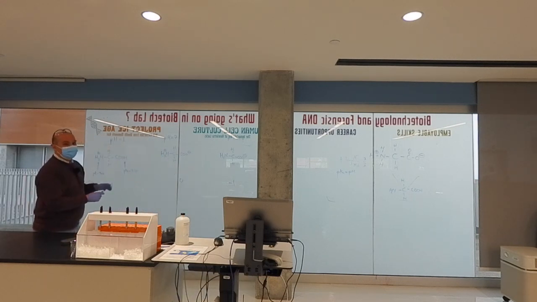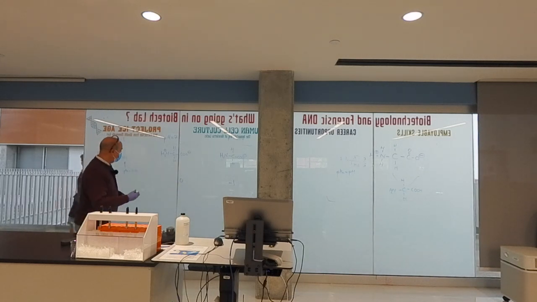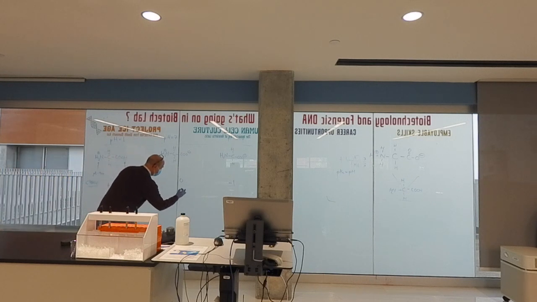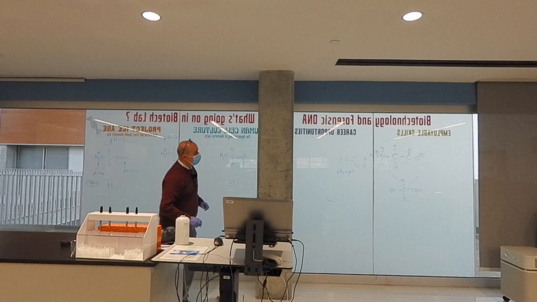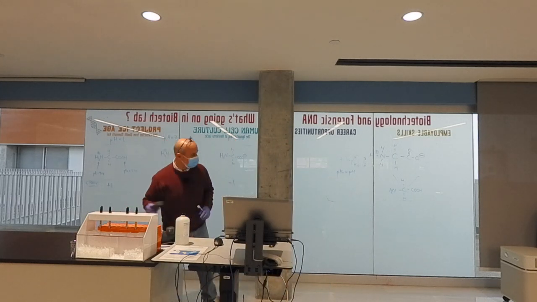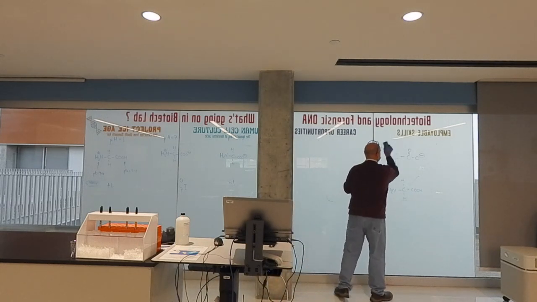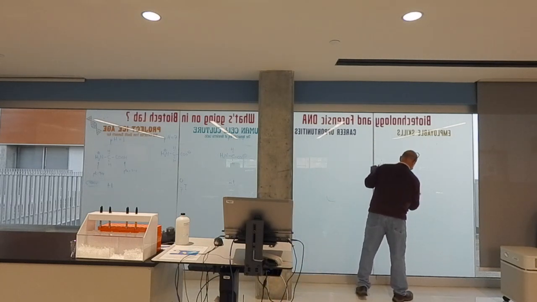This property allows you to see that there's a point in which the charge of the amino acid is equal to 0. And that point is called the pI. The pI is defined as the isoelectric point. Isoelectric meaning same electrical charge or electrical charge of 0.